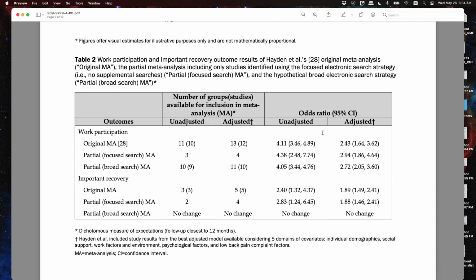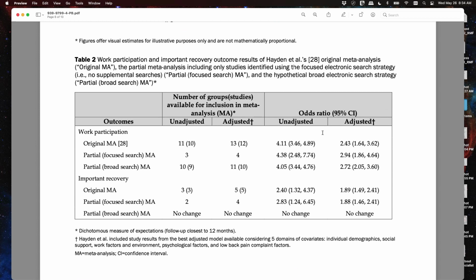And this is why the searches that focused only on the classical search methods simply didn't change the direction of the effect, but basically the confidence intervals just become wider.